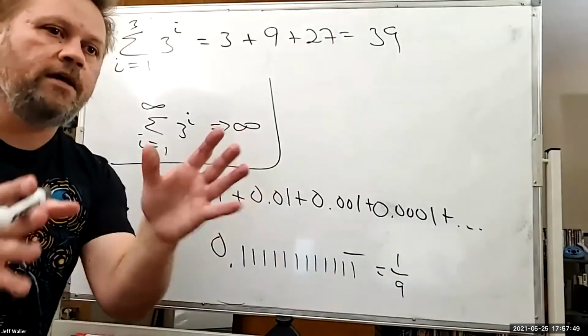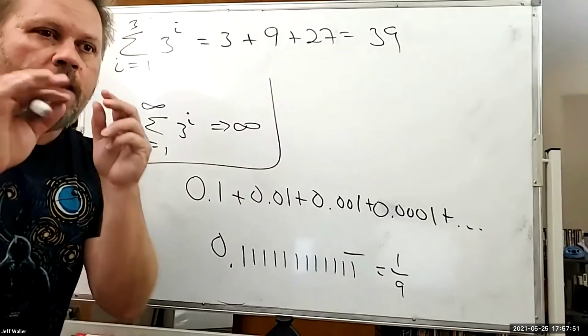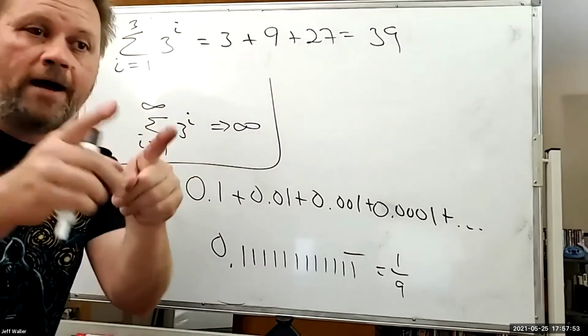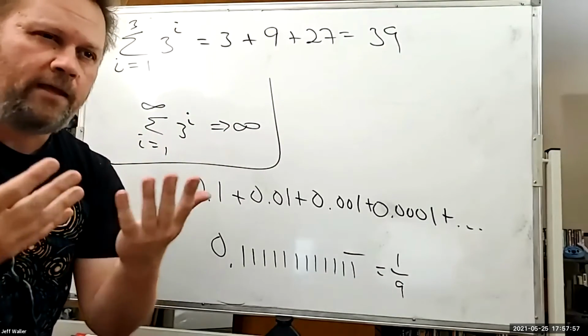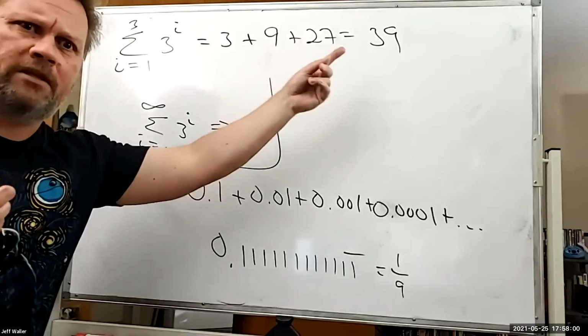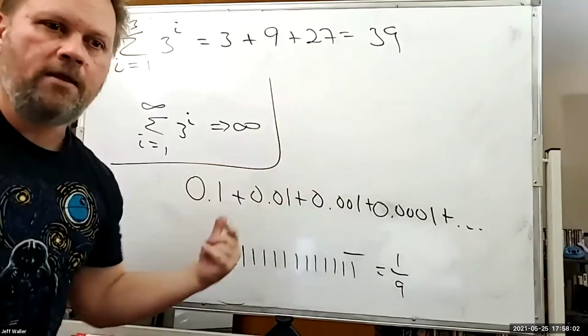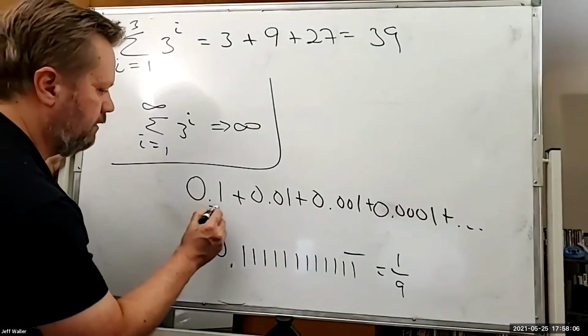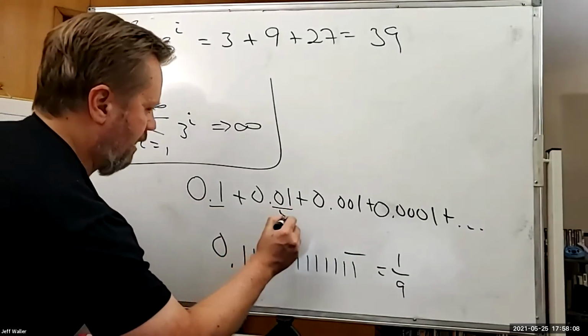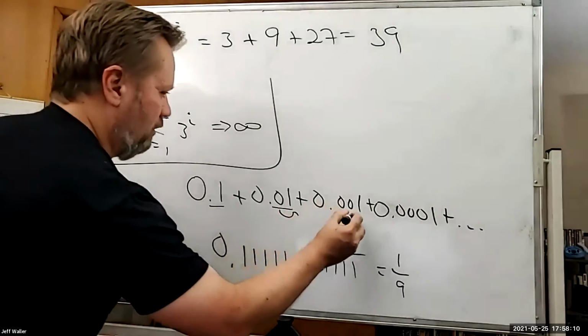All right, sorry. I just want to show you an example, because when you hear that, can you add an infinite number of numbers, positive numbers even, and have the answer come out to be less than infinity? You're like, what are you talking about? If I add up an infinite number of numbers, it's going to get crazy big. No. I like to look at this as the next term gets out of the way.